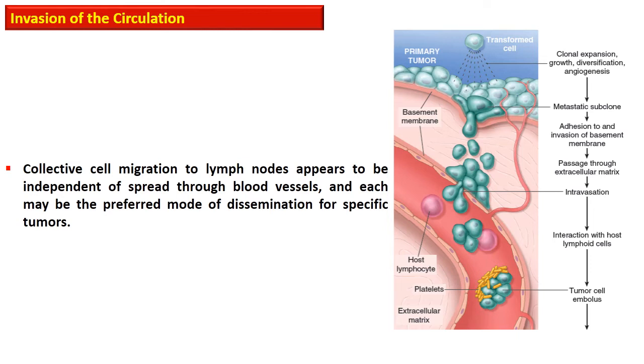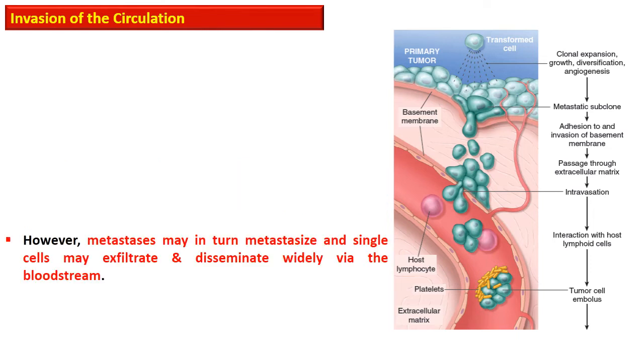Some tumor types prefer to disseminate through lymphatic channels, and some tumor types prefer to disseminate through vascular channels. The metastasis can remetastasize to other sites also.